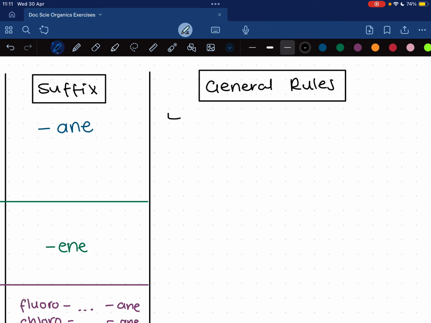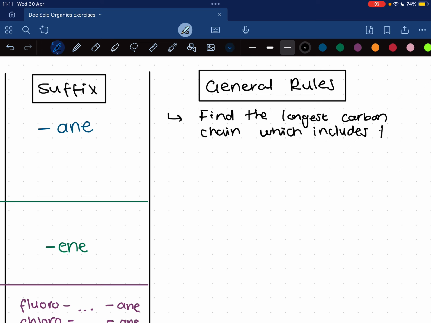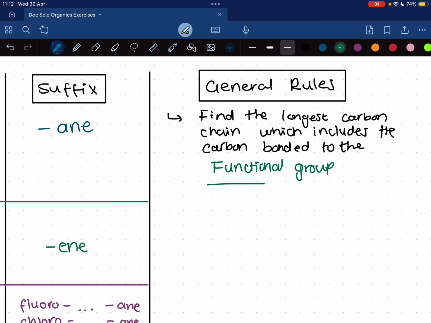The first rule is to remember that you need to find the longest carbon chain which includes the carbon bonded to the functional group. For example, you can't do a longest carbon chain if you're not going to include the double bond or the carbon that's bonded to the halogen or whatever it is.